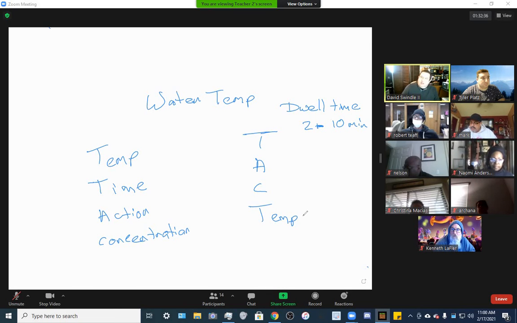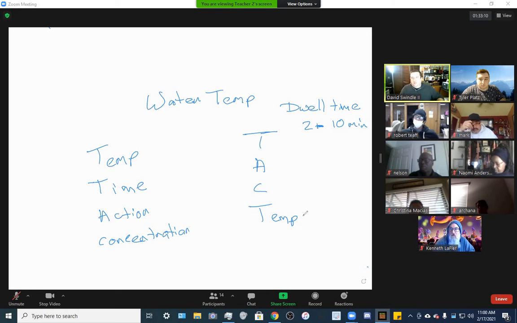And an interesting factor in cleaning chemicals. Has anybody ever cleaned their dishes and used cold water to do their dishes? Anybody like to wash your dishes with cold water? Alex, I saw your hand run up there for a second. All right. Most of the time when you're washing dishes, you like hot water, don't you? What does hot water do that is really beneficial in cleaning?